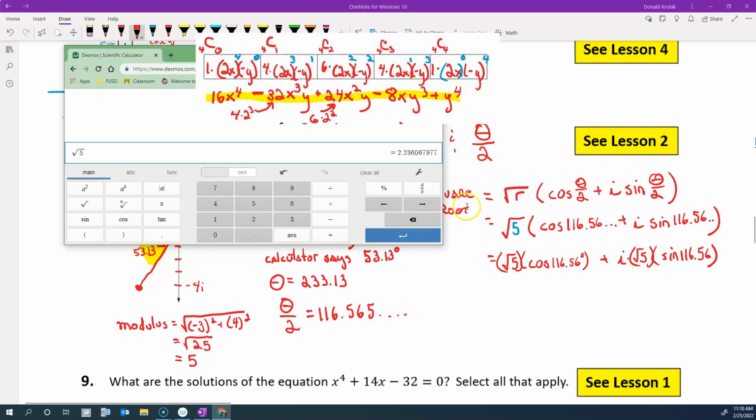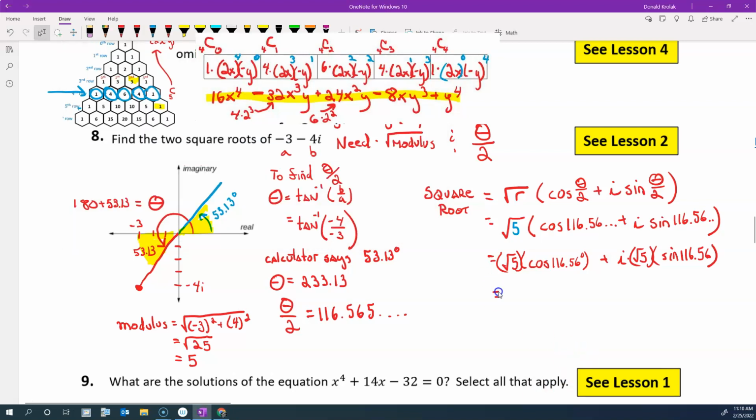Square root of 5, times, okay, and I want the cosine of 116.565. Okay, and if you look at it, it's equal to negative 0.99999. So this is really negative 1.